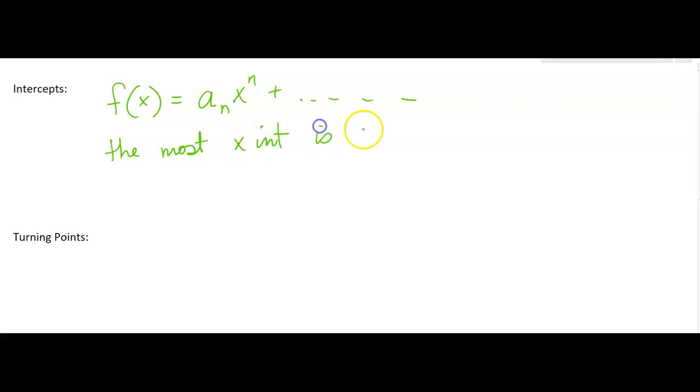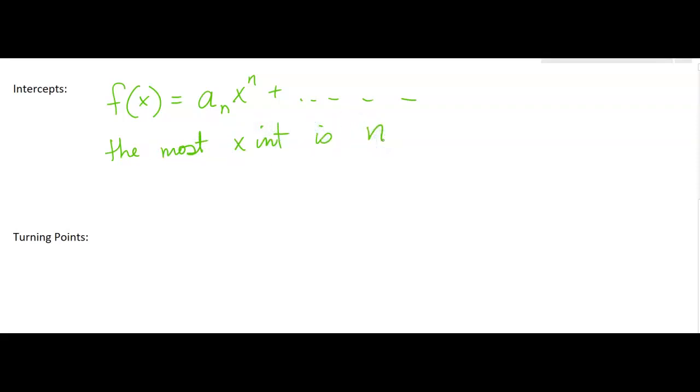Intercepts. So if you have a polynomial function, think about a sub n, x to the n plus, and then all those terms, the most x-intercepts you can have is n.